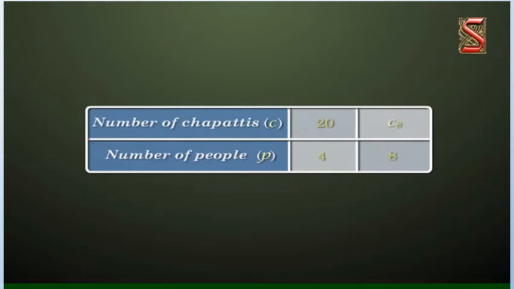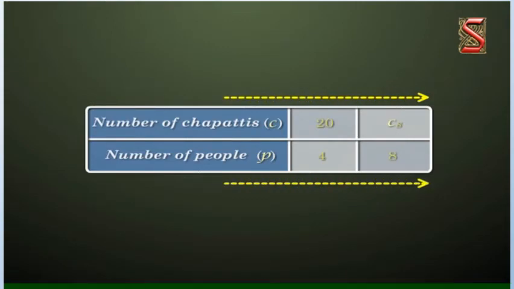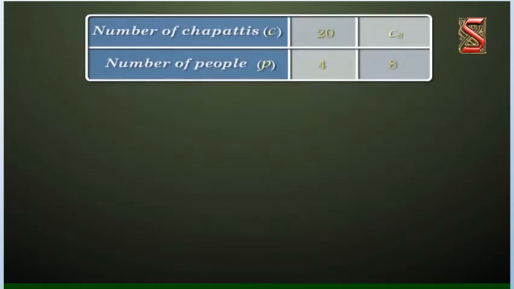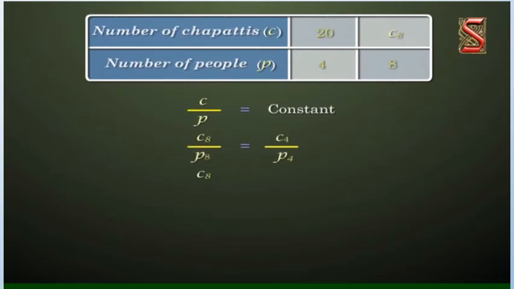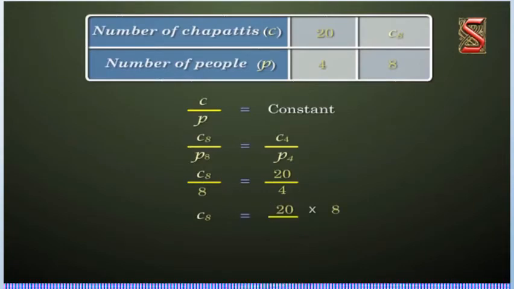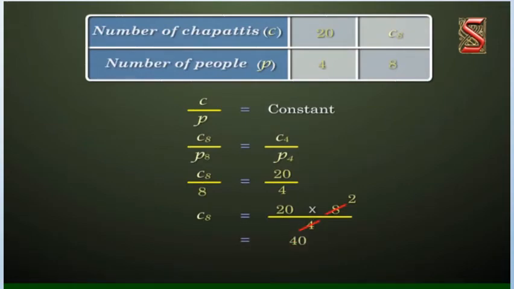As we know that the number of chapatis will increase as the number of persons increases, we have C by P equal to constant and C8 by P8 equal to 20 by 4. So 20 into 8 by 4. Therefore, the lady has to prepare 40 chapatis.